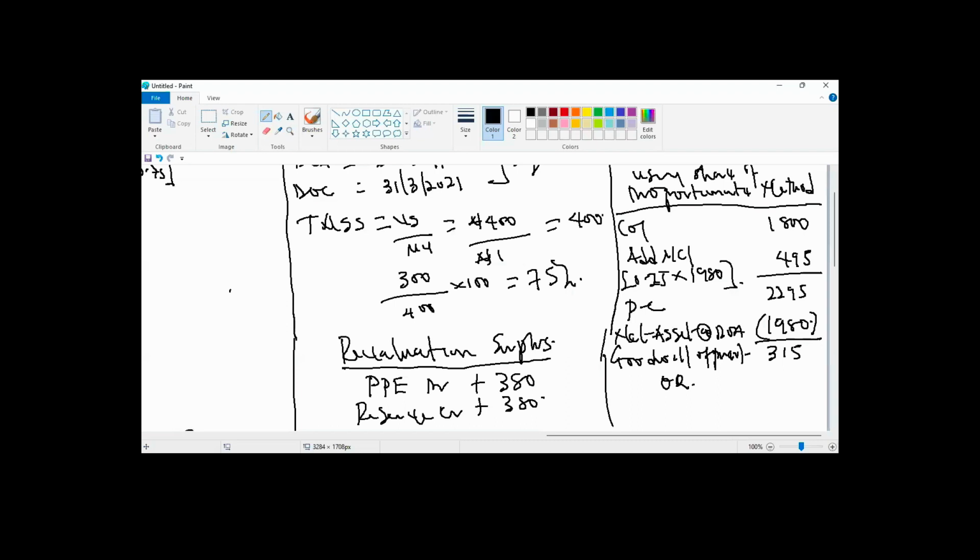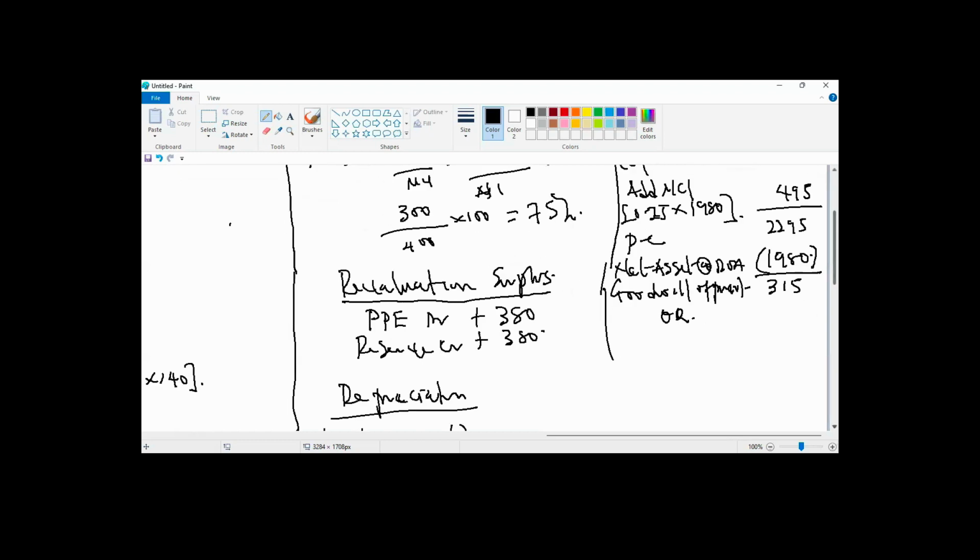Cost of investment, 18. Remove the parent portion, 0.75 times 1980.